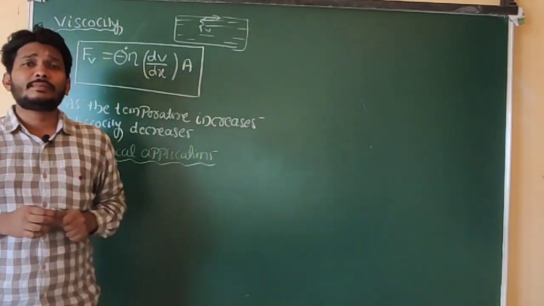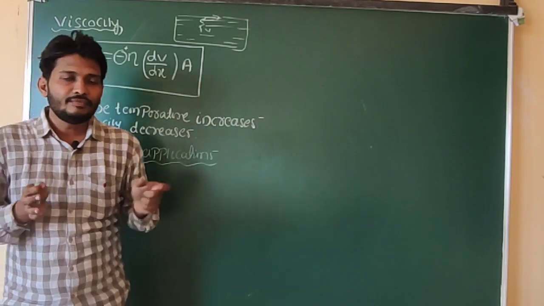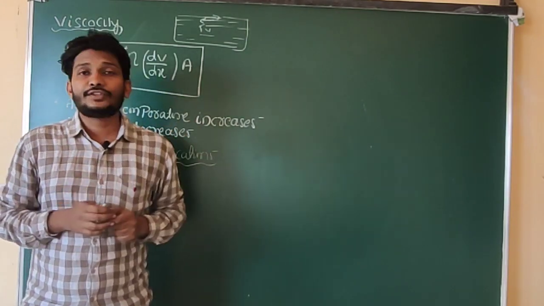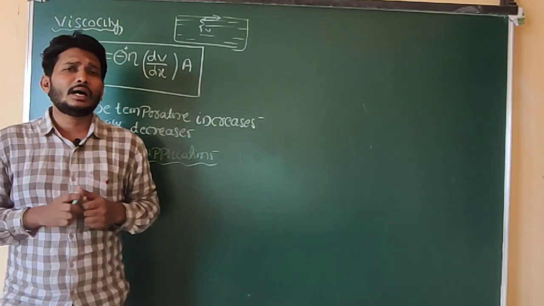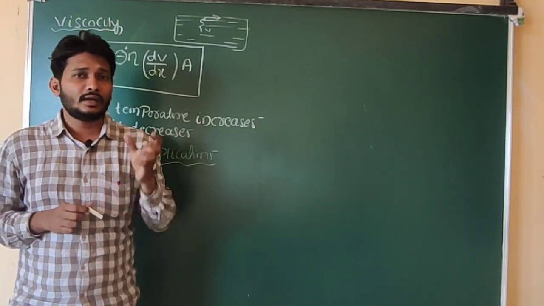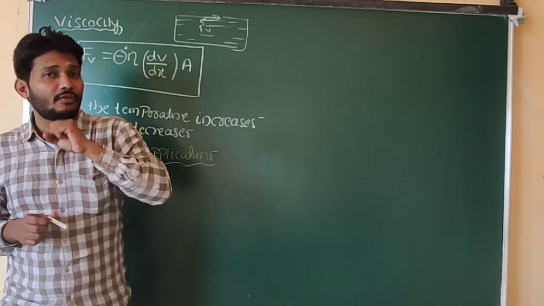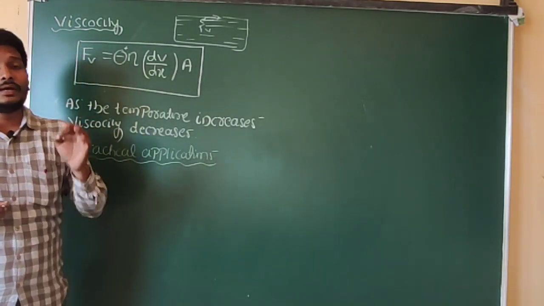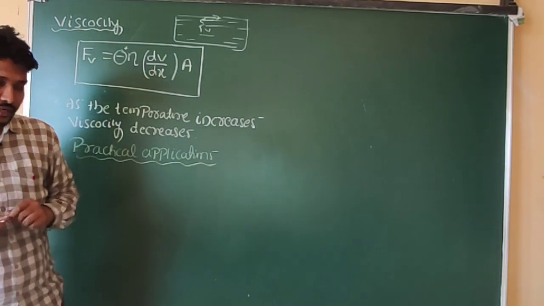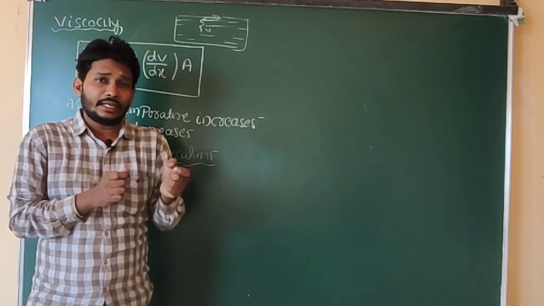By knowing the concept of viscosity, in case of friction, in order to avoid friction we use lubricants, right? In the laws of motion topic we learned about friction and the advantages of friction. In order to reduce the friction value, we need to use lubricants. Lubricants may be grease or oil.